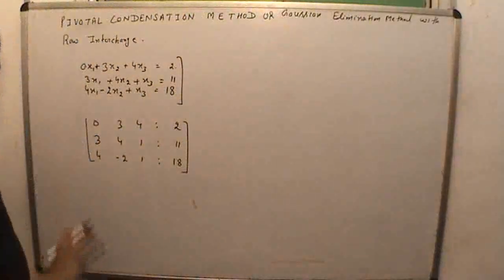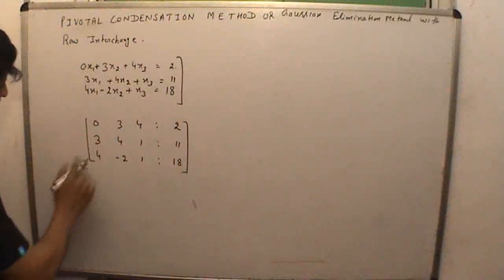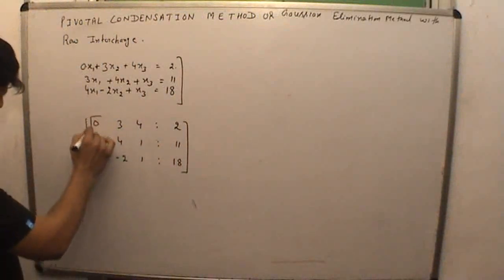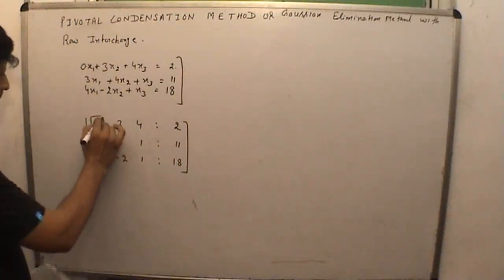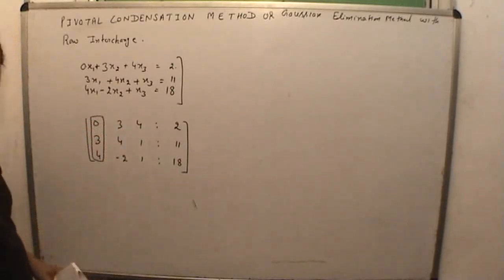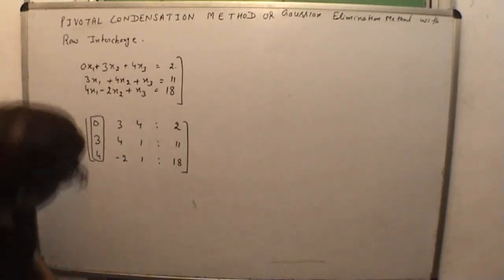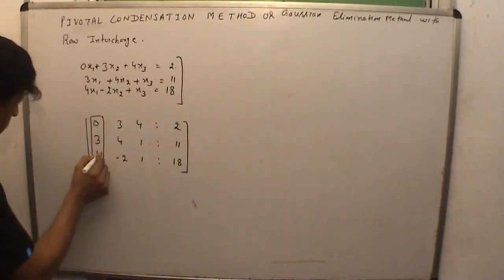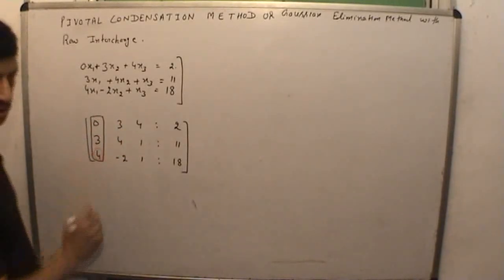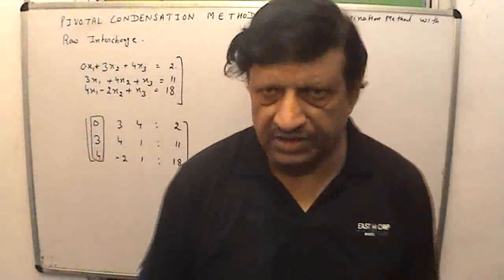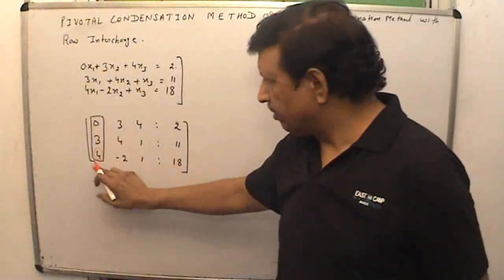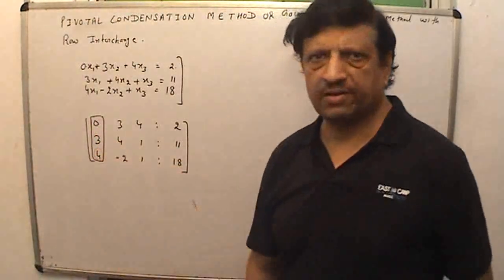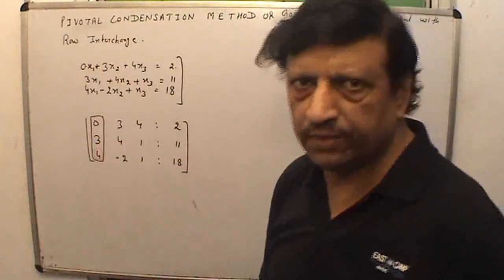Now first of all, we check in the first column which number is largest. Here we see 4 is the largest. Check in the first column which integer is largest irrespective of the sign.